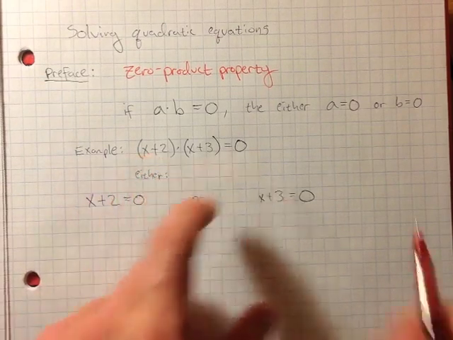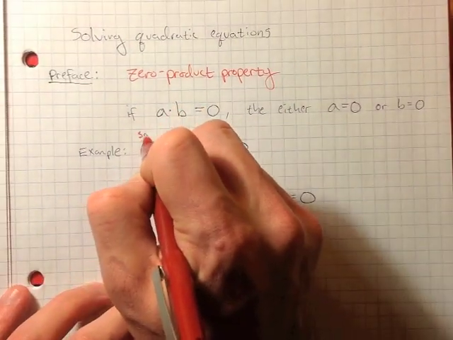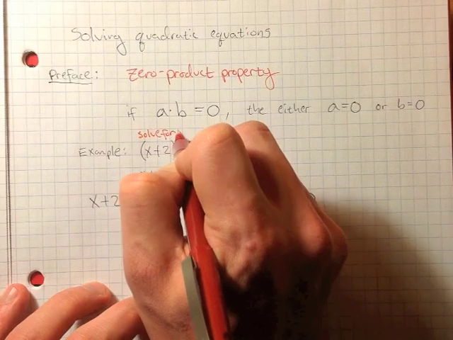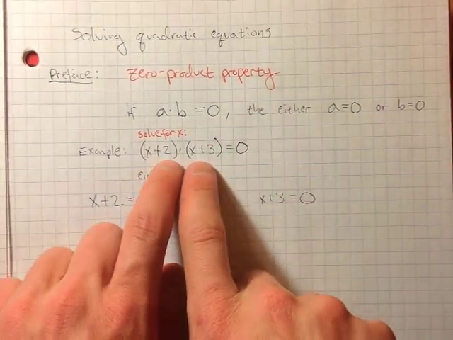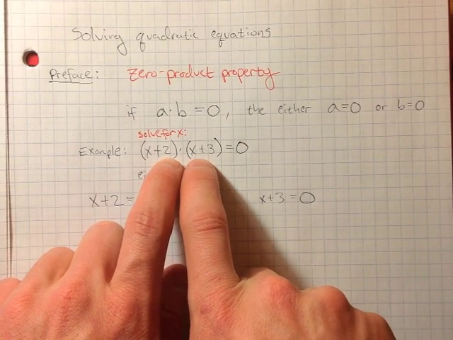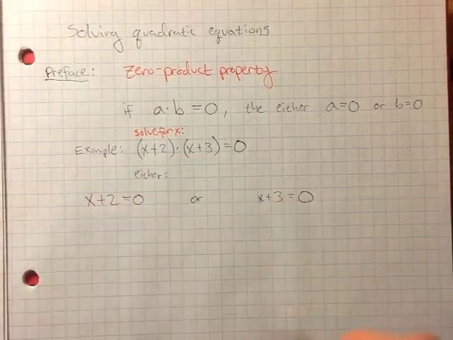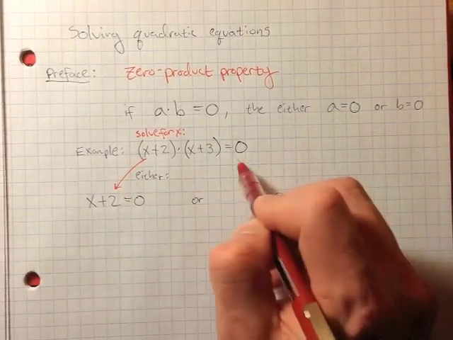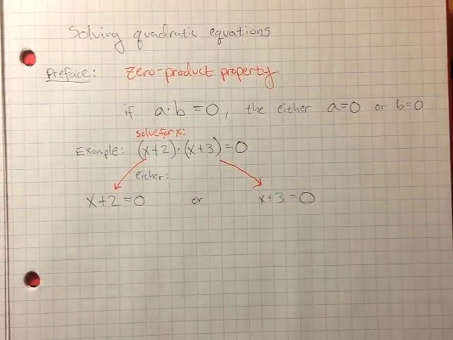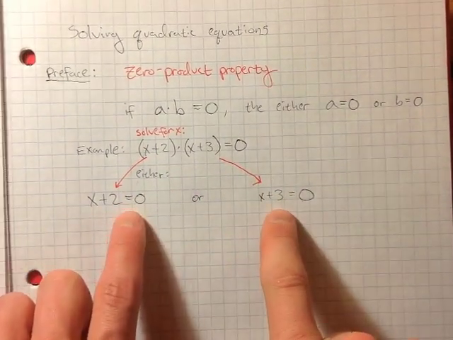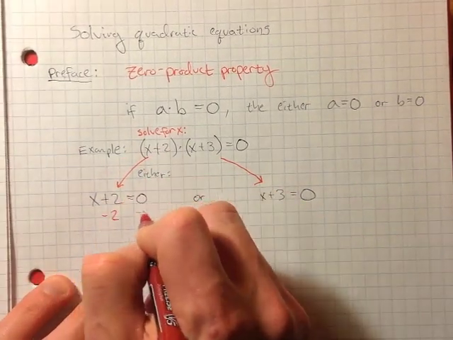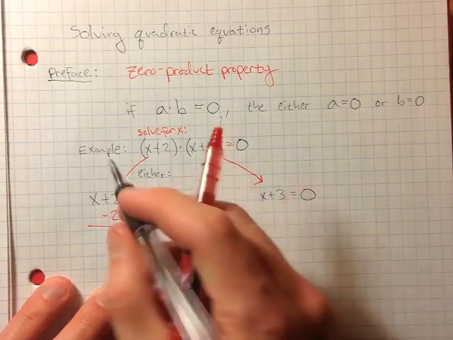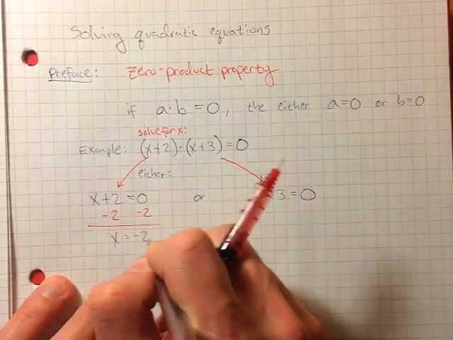Now let's see where this could come in handy. If the directions for this problem were solve for x, then the way that we can solve an equation like this for x is to split it into two separate equations. Now these two equations, we can easily solve individually, right? Over here, simply subtract 2 to get x is negative 2.